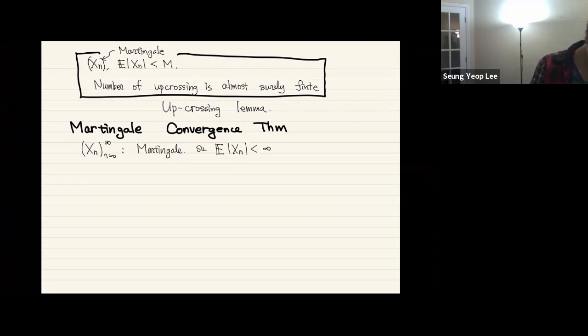I can rewrite this as the supremum is finite, meaning E|Xn| is bounded by some number M. Then the statement of the convergence theorem is that the limit of Xn as n goes to infinity exists, and this exists almost surely.